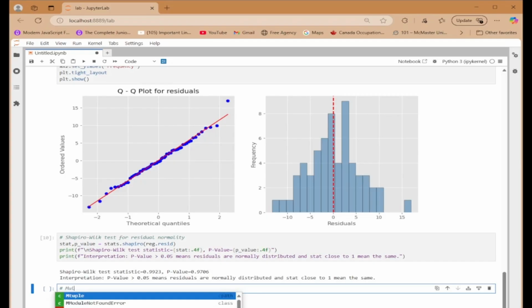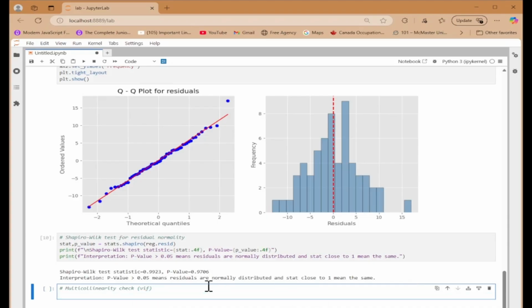So for multicollinearity, check with VIF. Okay, so for that, X equals df.